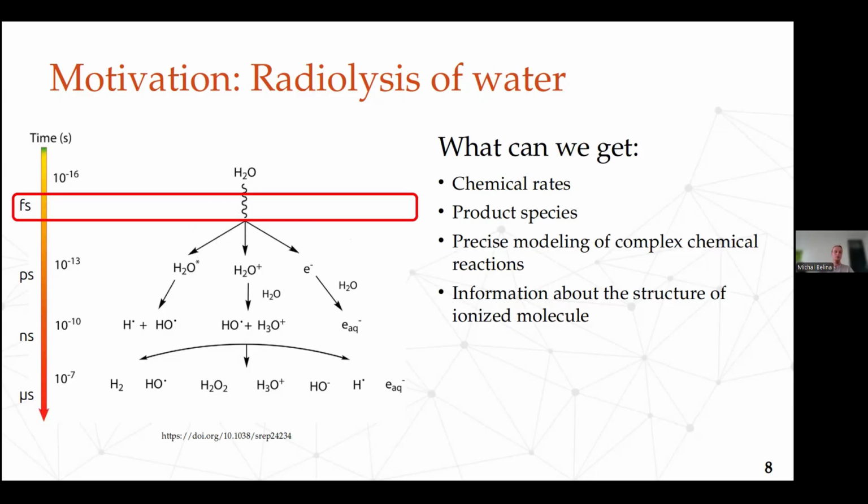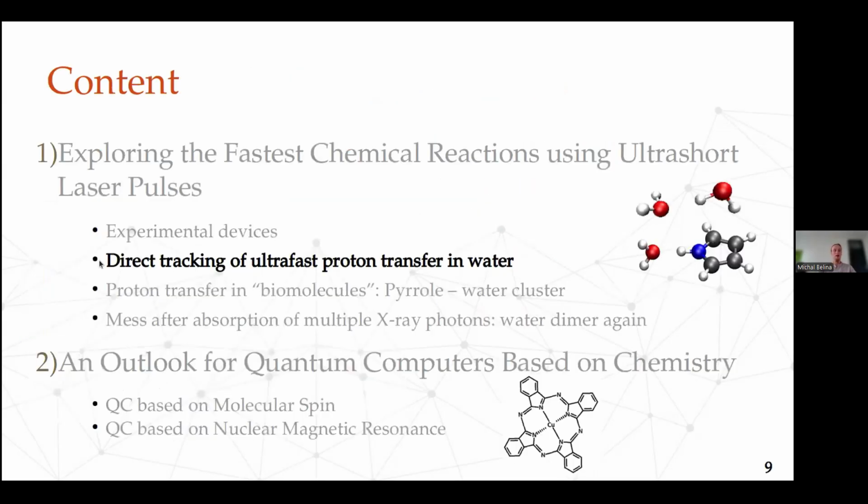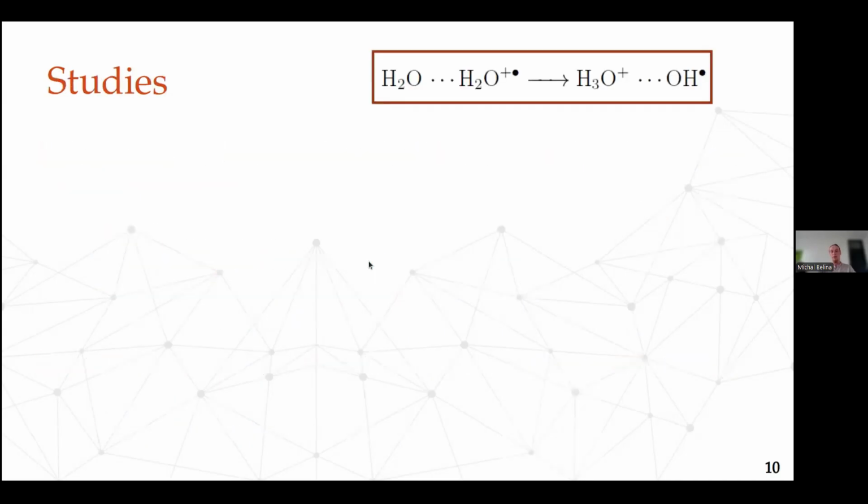But on this femtosecond time scale, we are more interested in what's happening in the electronic structures. So with this, I would like to go to the first study I will show you, called direct tracking of ultrafast proton transfer in water. And this is generally the reaction we are interested in.